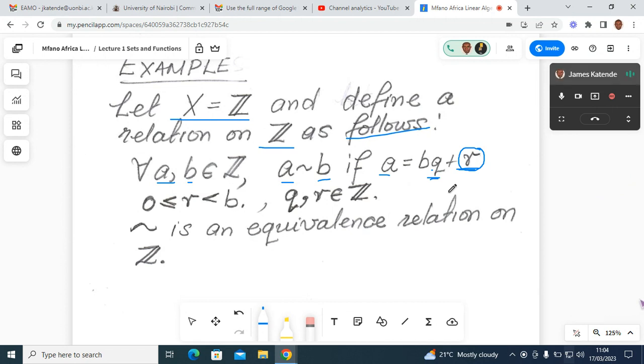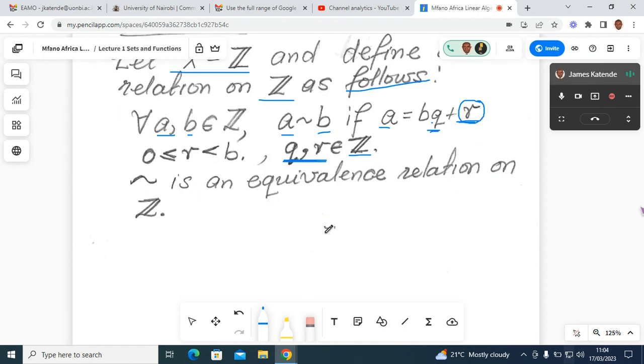Something is not right here. What did I miss? Q and r are fixed.